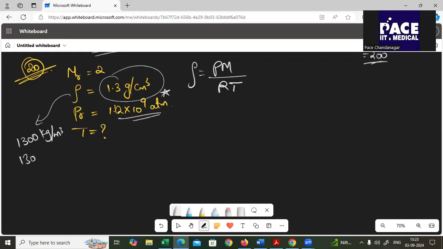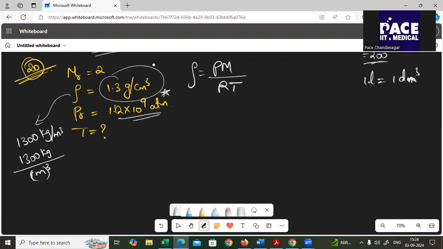Now I want the meter cube to be in liters. So 1 meter cube and 1 decimeter cube. See, 1 liter is 1 dm cube.